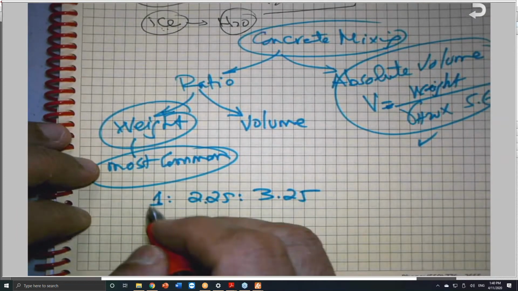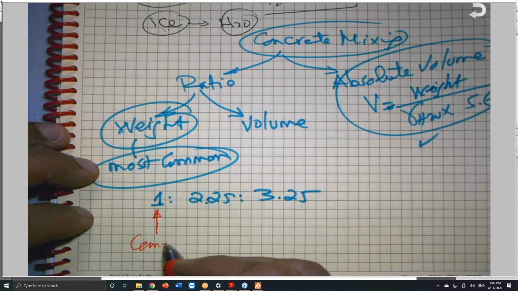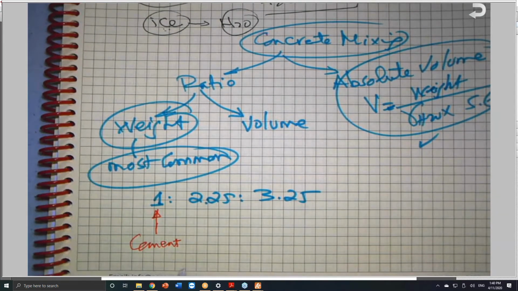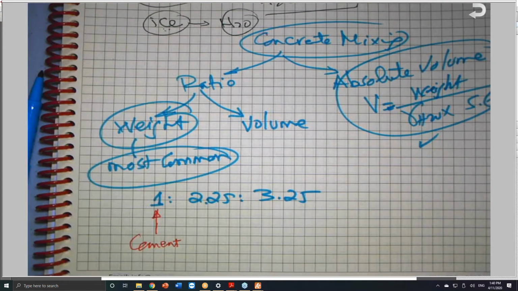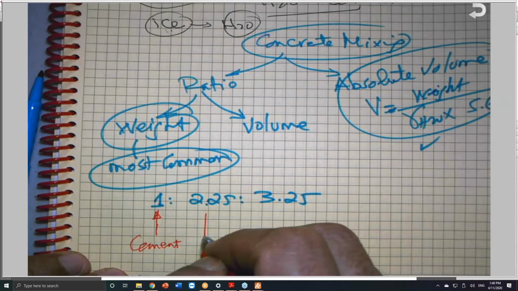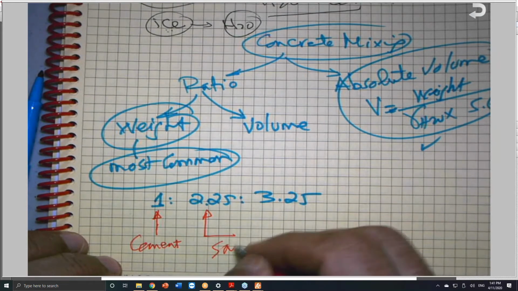The first part is the cement. Always one is the cement. This is a method that was used way back by my grandfather and your grandfather. So let us respect them and honor them by keeping the same ratio as they agreed upon. The second one, 2.25, is the sand.